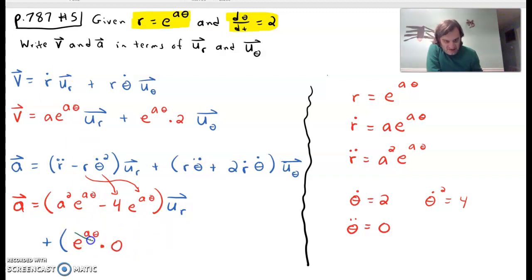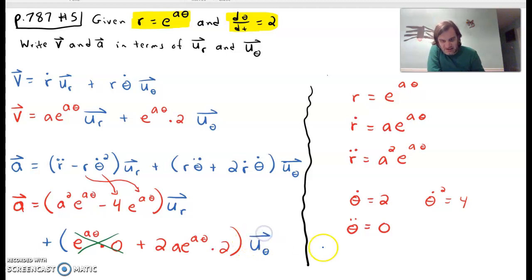So I can just mark all that part out, plus 2 r prime was a e to the a theta, times the derivative of theta, which was 2 again. So you could definitely make that 2 times 2, 4. I'm not because of room. But then that's times the unit theta vector.